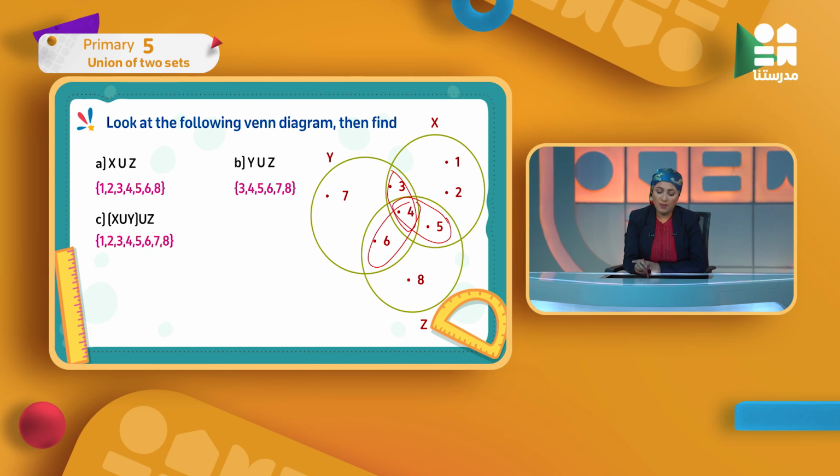That means all the elements in the 3 sets without repeating the common elements. Now the other one, X union between brackets Y union Z. First I see Y union Z, which is 3 4 5 6 7 8, we already got it. Then its union X in what? 1 and 2. Then the answer will be 1 2 3 4 5 6 7 8.